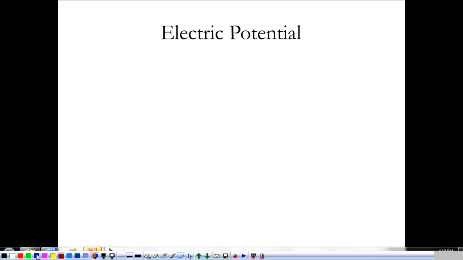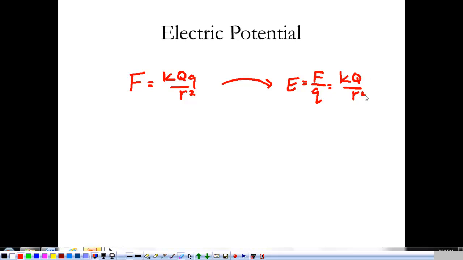The next thing that we have is electric potential. Before we had force, and that was KQQ over R squared. And we looked at that in terms of the electric field, which was the force over the charge, and that gave us KQ over R squared.